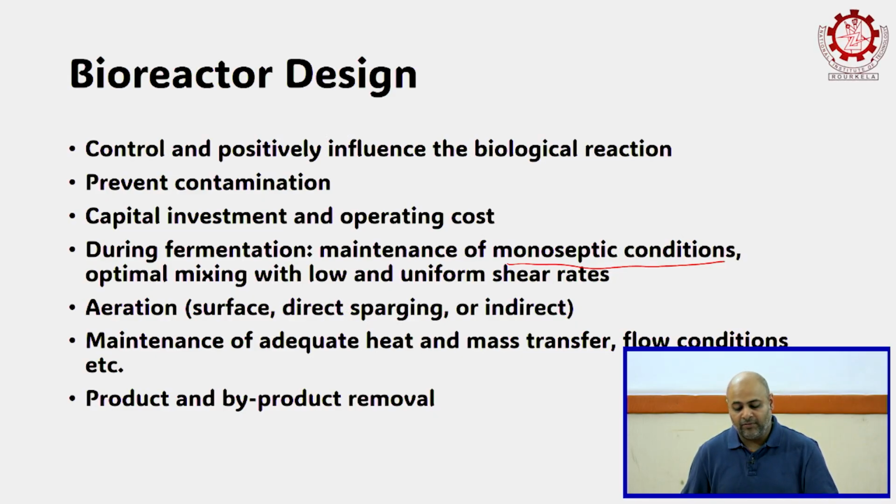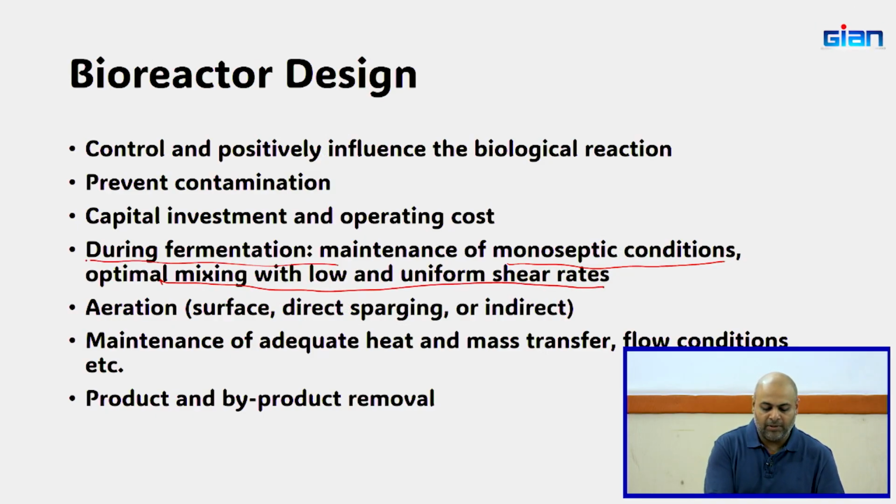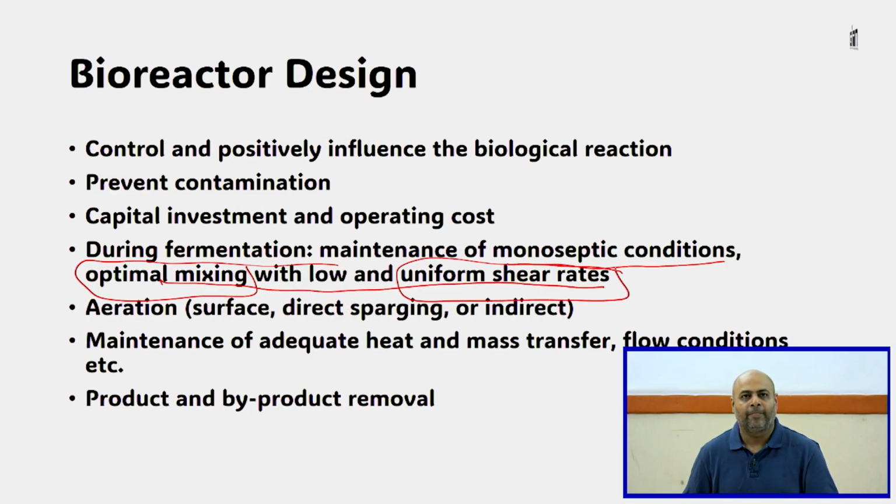So optimal mixing with low and uniform shear rate. Now, why do we need optimal mixing in terms of a bioreactor, and why do we need a uniform shear rate? Optimal mixing will help to homogeneously distribute the nutrient and oxygen if you are sparging oxygen.